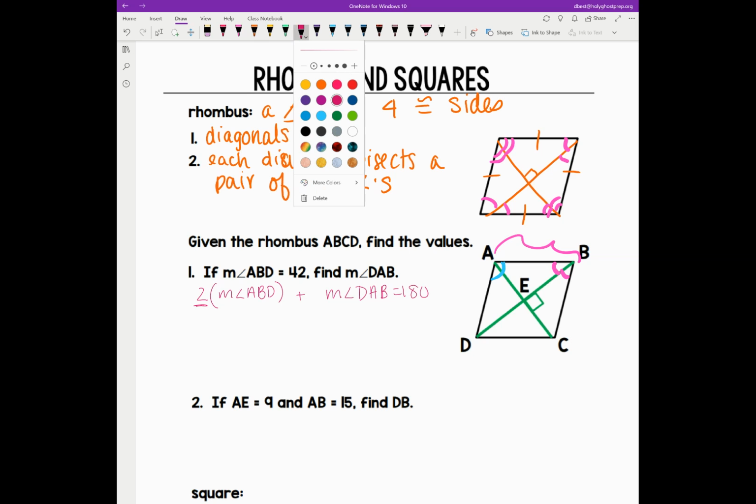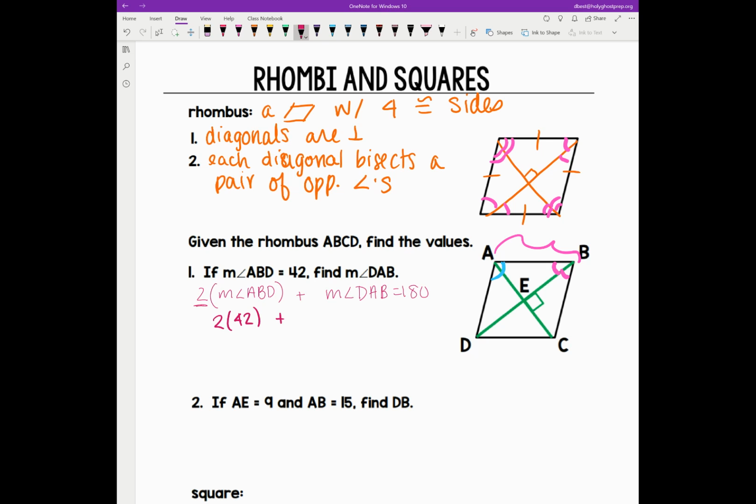So now I'm going to fill in everything I know. So 2 times 42 plus, I'm going to call it A, equals 180. And then I got 84 and A. So my angle is equal to 96 degrees.